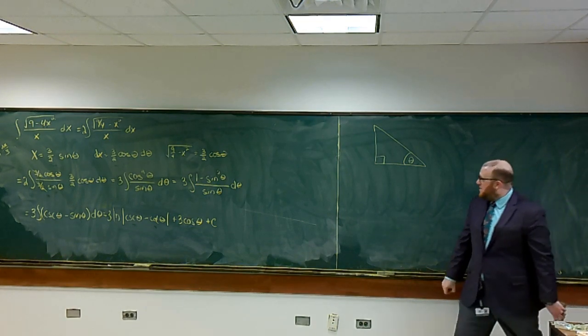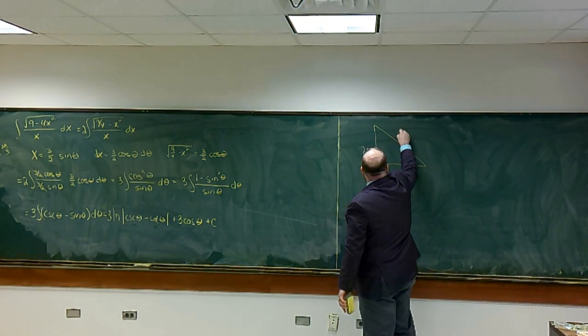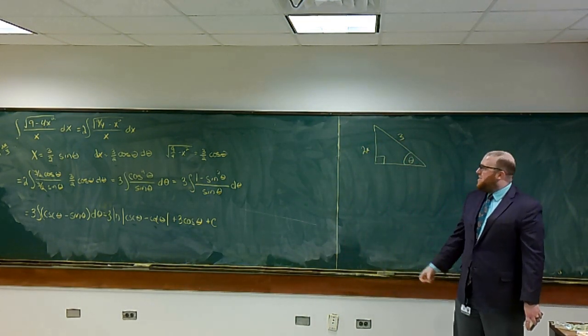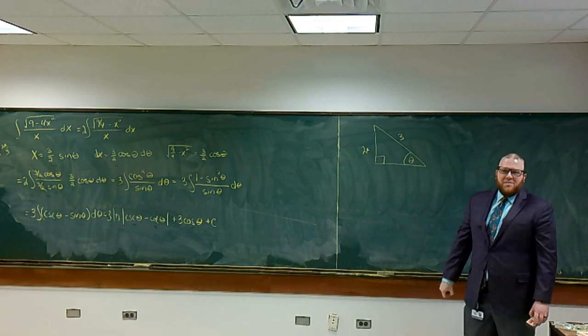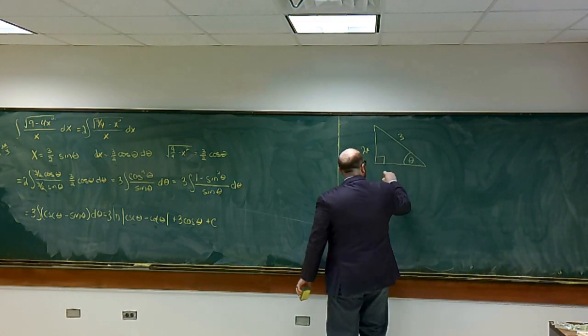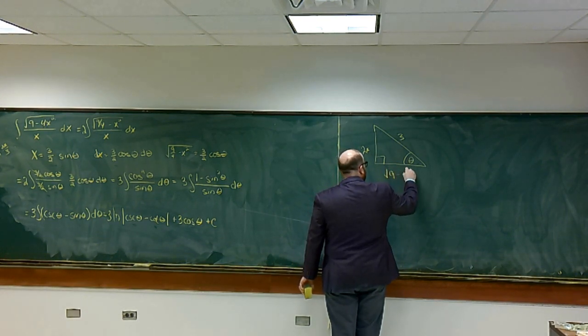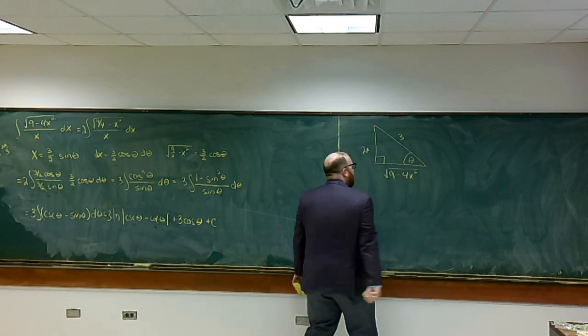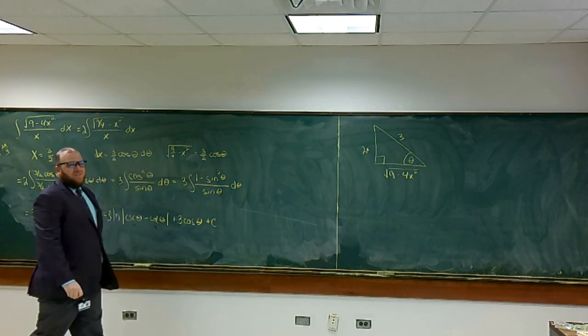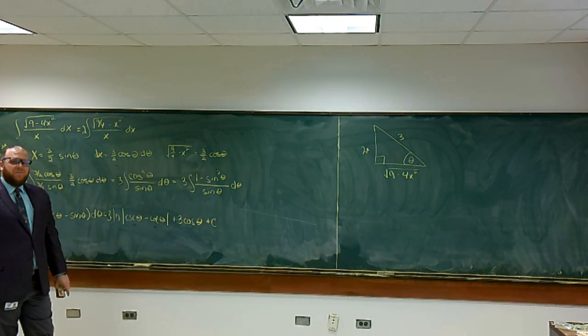So 2x, 3, and then this missing side: square root of 9 minus 4x squared.